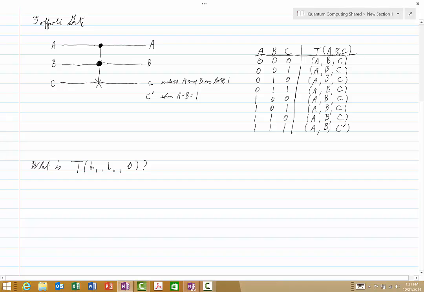So in other words, we're going to let capital A equal B1, capital B equal B0, and C equal 0.